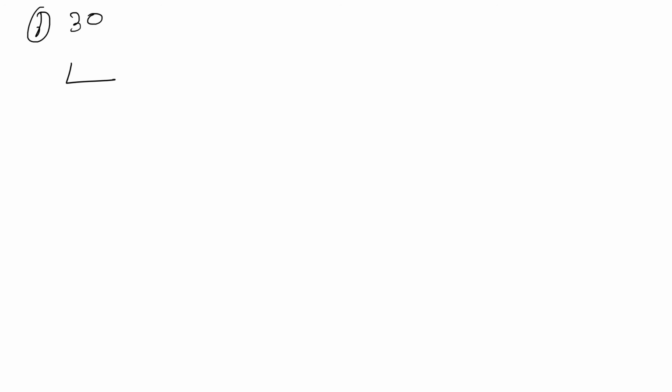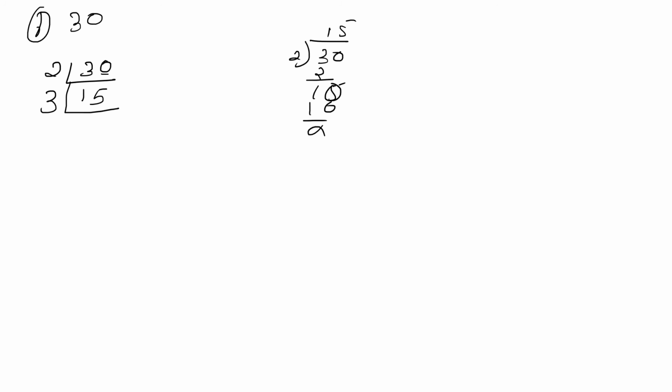So division method, 30. The last digit is 0, yes, it is divisible by 2. So 2 15's are 30. Now 6 is not a multiple in the table of 2, 12, 14, 16, not possible, so we will take 3. 3 5's are 15. Now 5 will come in the table of 5. Got it?